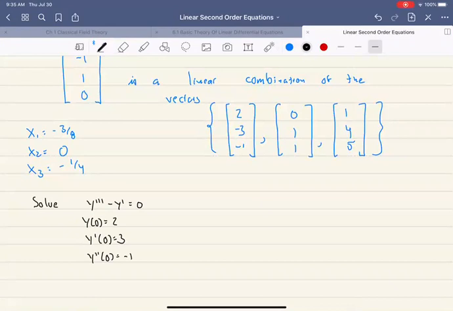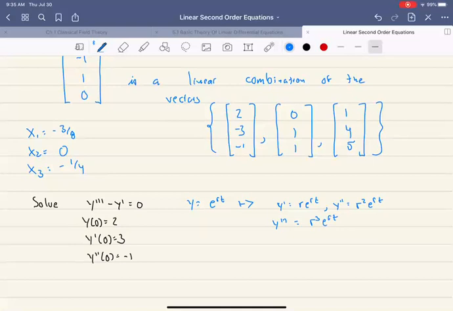We're going to make the same assumption that we've been making, that y equals e to the rt. So y prime is r e to the rt, y double prime is r squared e to the rt, and y triple prime is r cubed e to the rt.